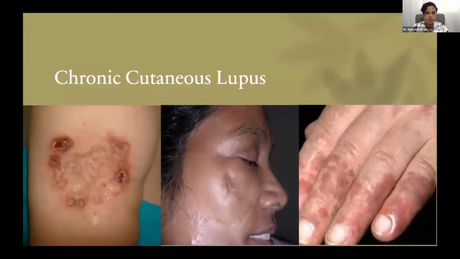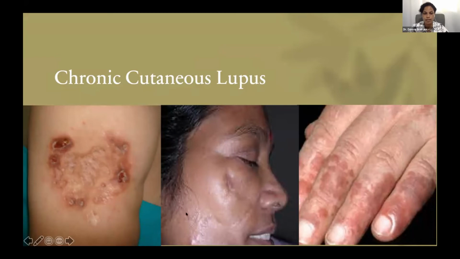There are other forms of chronic cutaneous lupus. You can get a panniculitis, where you can get this sunken nature of the subcutaneous tissue and fat. If you have discoid lupus occurring on top of a panniculitis, then that is called lupus profundus.